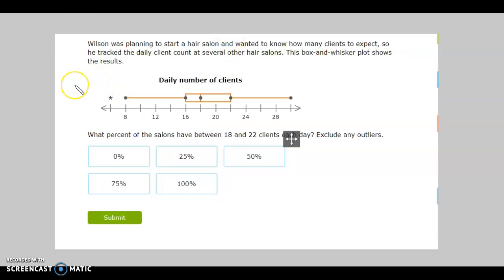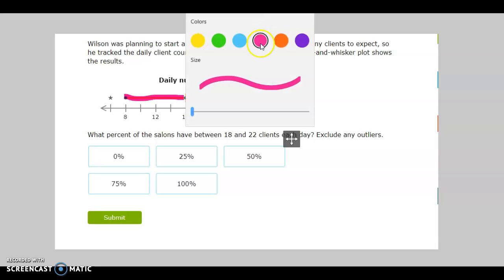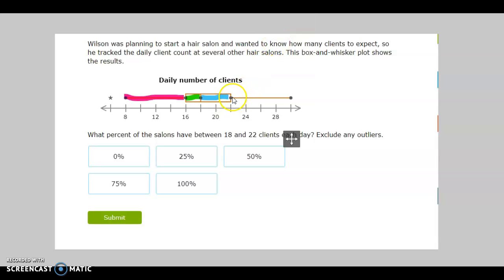And the last type of problem you may see for this, again, is dealing with percentages, but it's just a piece of the line. So what percent of salons have between 18 and 22 clients each day? So again, remember, from here to here is 25%. This is my next 25%, 25%, and 25%.